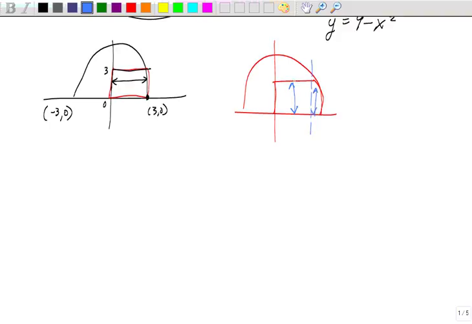Here it's a line, and then it switches to a parabola. And where they intersect, that point right here is where y is 3, and when y is 3, if you solve this equation here, x is the square root of 6. So I'm going to go from here to here.